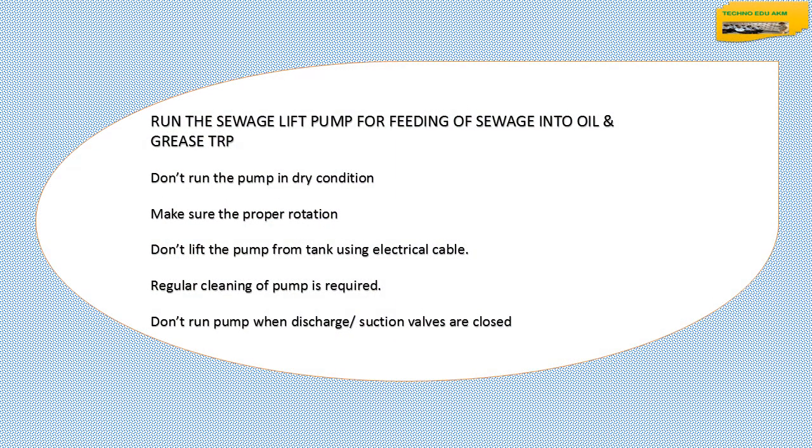Before running the sewage lift pump, don't run the pump in dry condition. Make sure of the proper rotation. Don't lift the pump from the tank using the electrical cable. Regular cleaning of the pump is required. Don't run the pump when discharge as well as suction valves are closed.